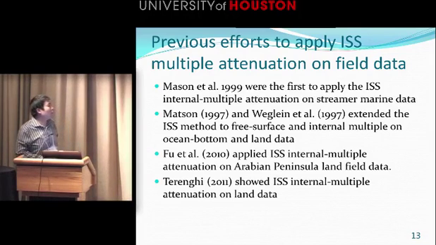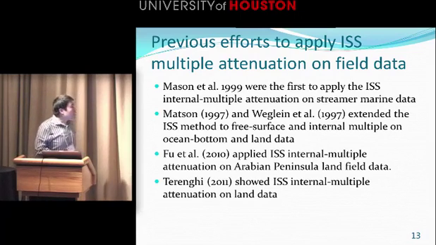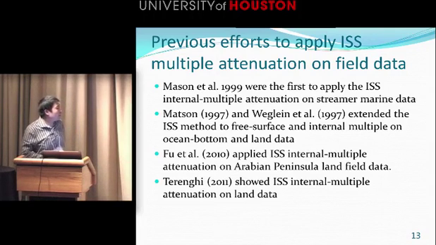Then Mason 1997 and Weglein 1997 extended the ISS method to free surface and internal multiples on ocean bottom and land data. In 2010, my colleagues at Saudi Aramco and I tested the ISS internal multiple attenuation on Arabian Peninsula land field data, when I worked at Saudi Aramco at that time. Recently, Dr. Tarinki also showed an example of ISS internal multiple attenuation on land data.